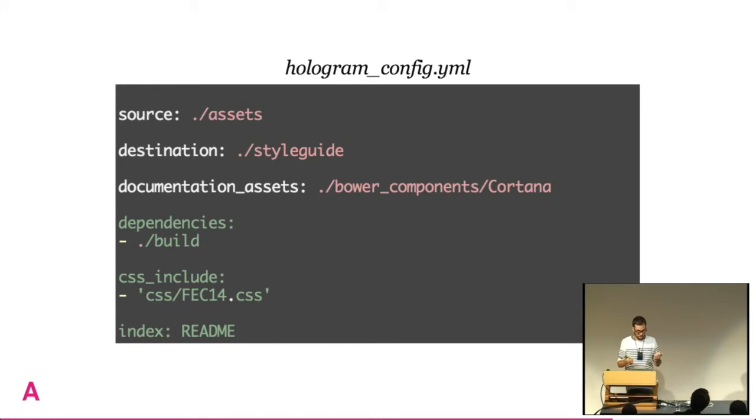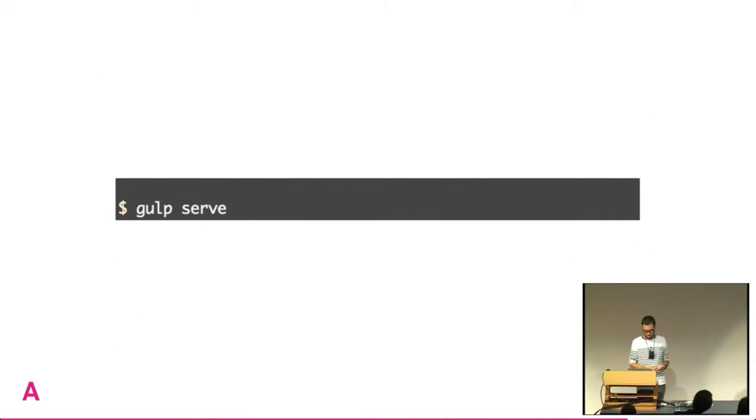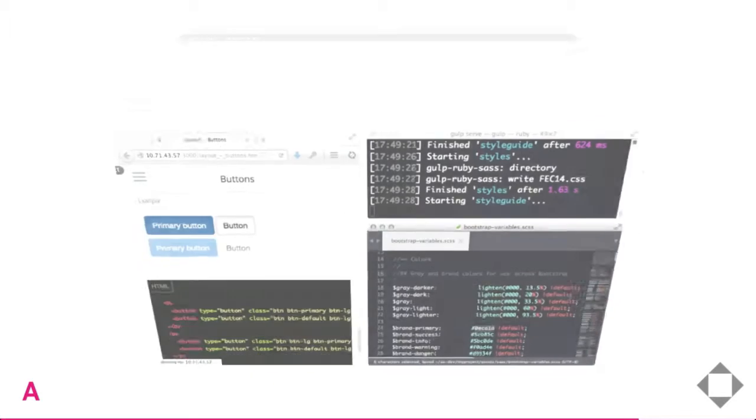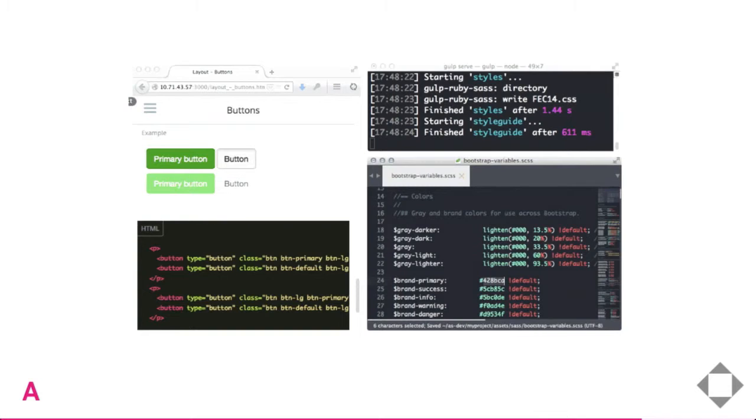And for the index, the front-end homepage of the style guide, you can write the text you want in this README file. It will load this README file, and this will be the index file of the style guide. So after your first try, you start gulp serve, and automatically it does this.